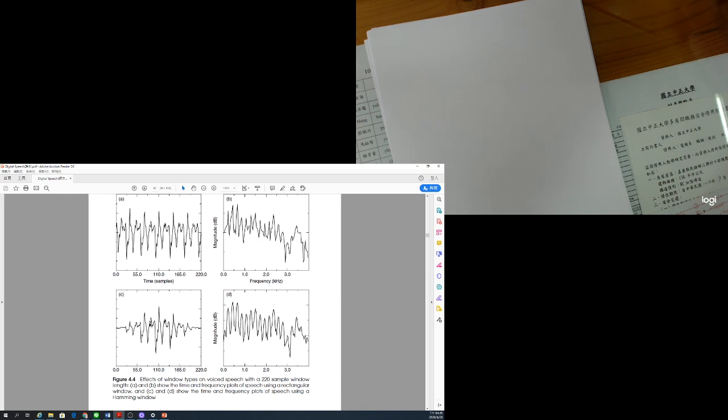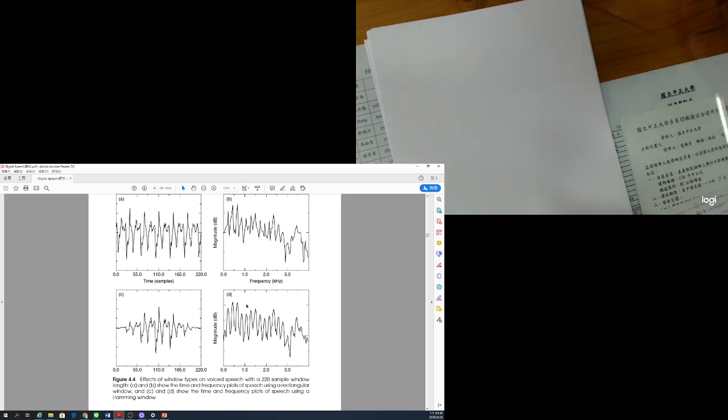If we use the Hamming window, it smooths the signal and makes the boundary signal smaller. After the Fourier transform, you can see the frequency response in a little more detail. With the Hamming window, you get more of the envelope shape, not too much detail in the frequency response. Right now they call this the formant.